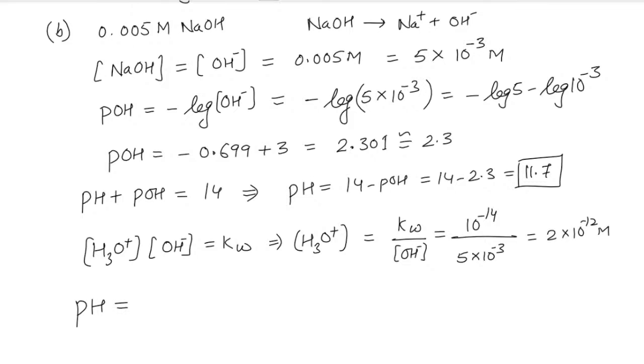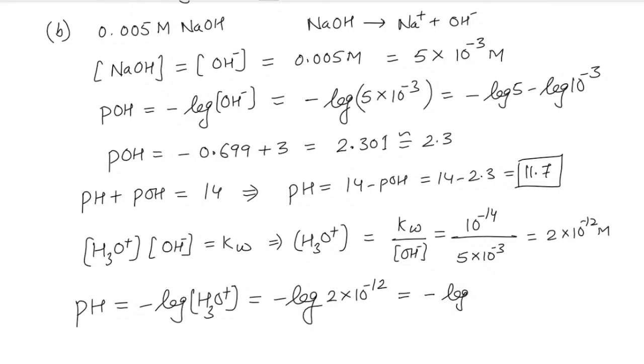In this way pH equals minus log of H3O plus ion, that is minus log of 2 into 10 raised to power minus 12. So it becomes minus log of 2 minus log of 10 raised to power minus 12, that is 12 minus log 2, right? That is 12 minus 0.3010, so roughly 11.7.